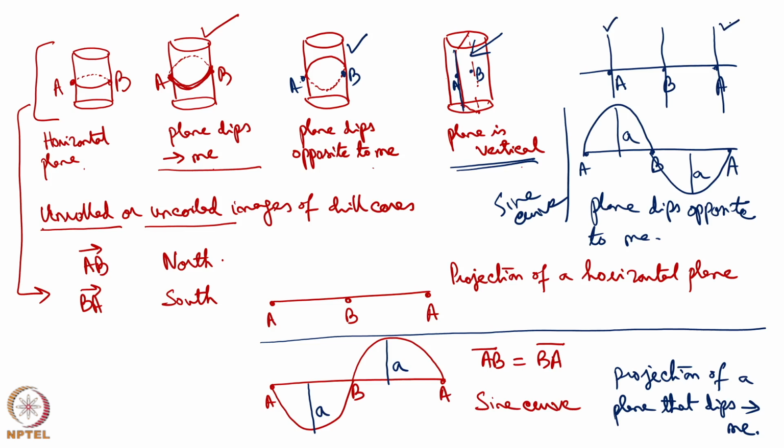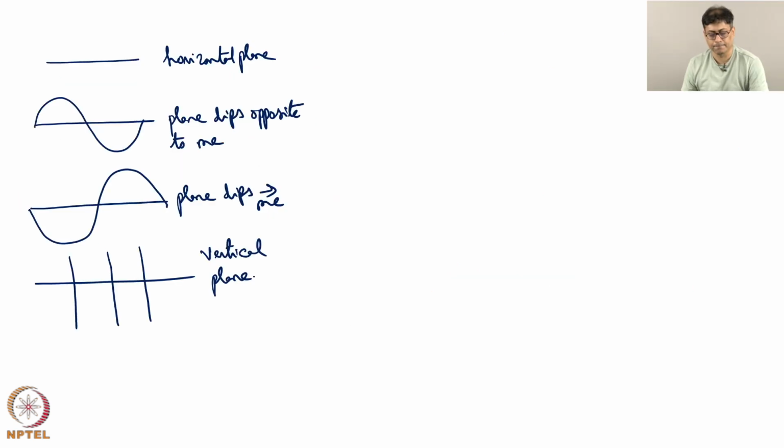These two vertical lines basically indicate this single vertical line. Here also AB is equal to BA distance, and this one is not a sine curve. I hope it is understood.